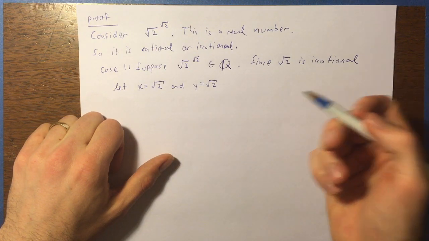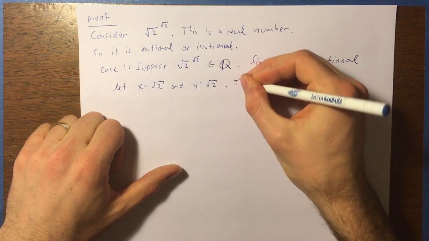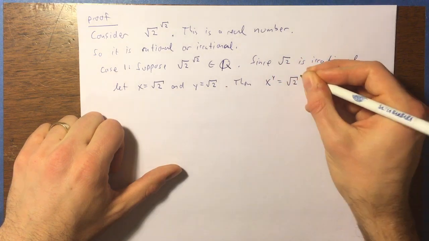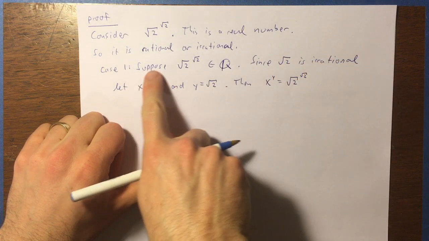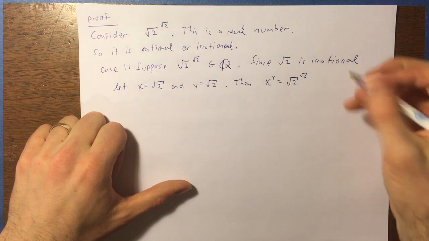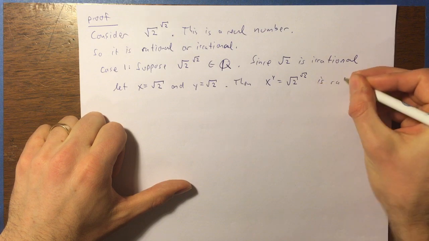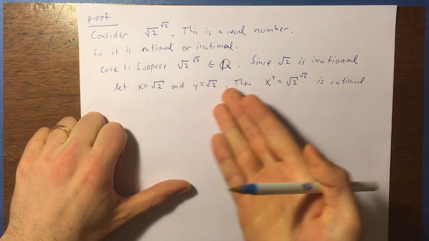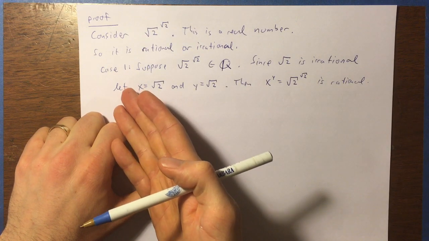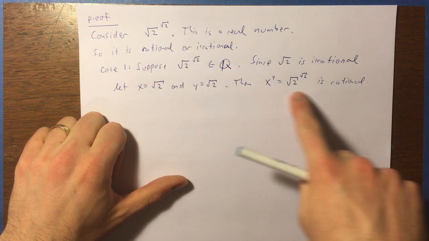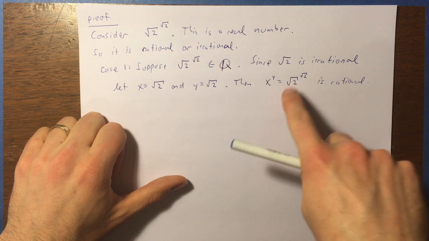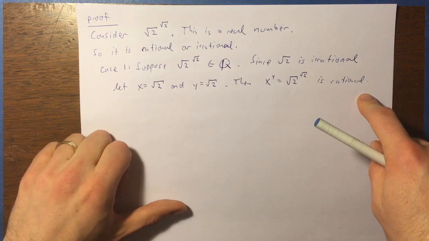Well then, x to the power y would equal square root of 2 to the power square root of 2, which we are currently assuming is rational. I have exhibited an example. In this case, under my current assumptions, I've come up with a situation where an irrational power of an irrational number is a rational number.